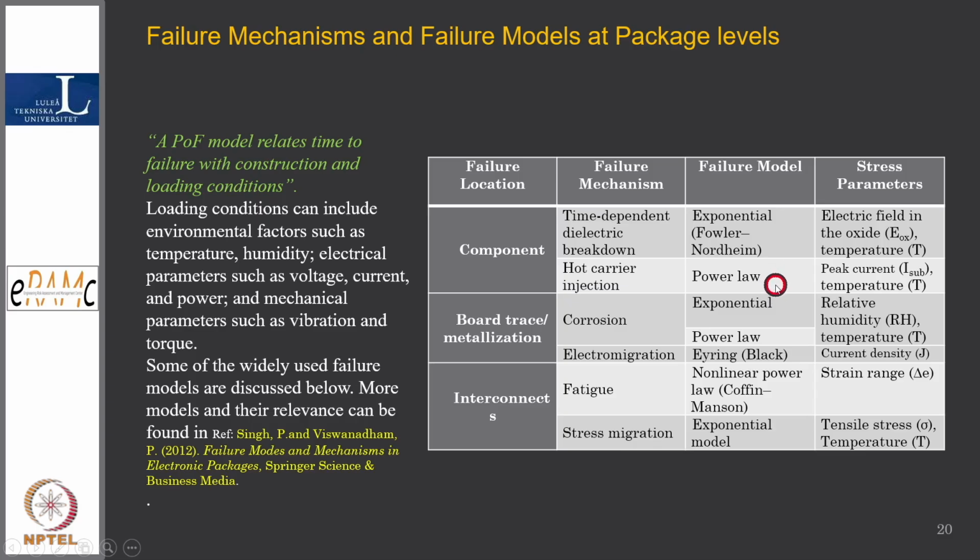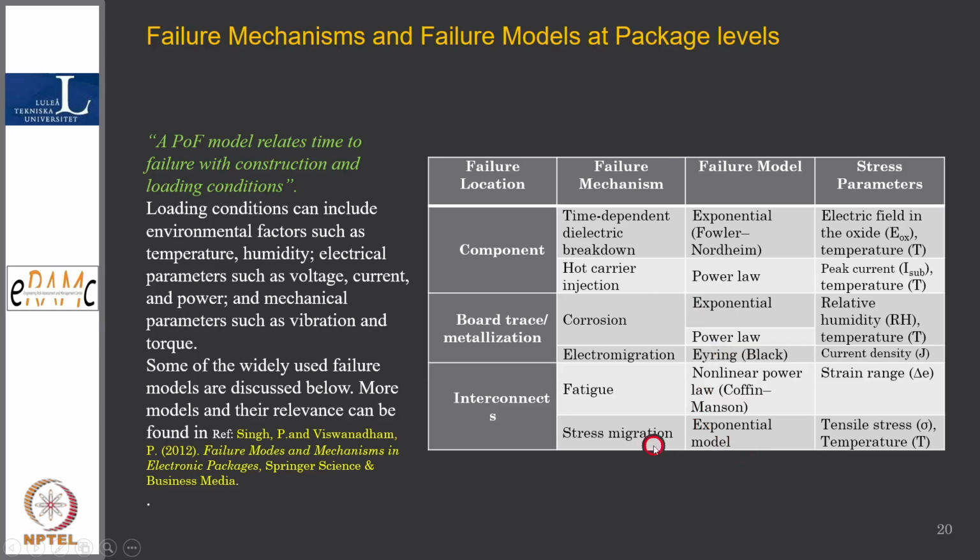It could be an accelerated test because it is not possible to put a component on a 20-year test. So we have to use an acceleration factor, and then these models we can come up with. Electric field in the oxide, temperature, you will see temperature is in each and every one. And current density, these are very important, peak current appearing everywhere.